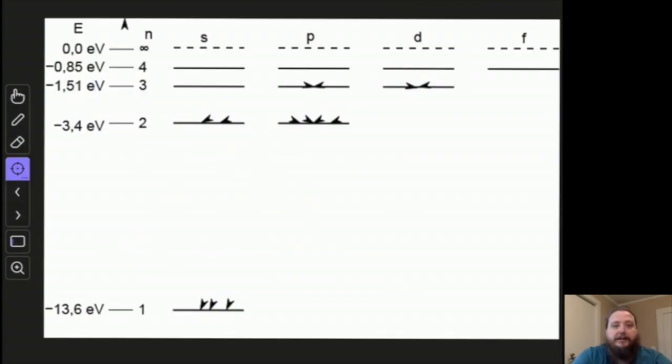This is a truncated diagram, obviously, because it doesn't show any of the states between n equals 4 and n equals infinity, and there are a very, very large number of states up there at the top. In fact there is an infinite number of bound states for the hydrogen atom.